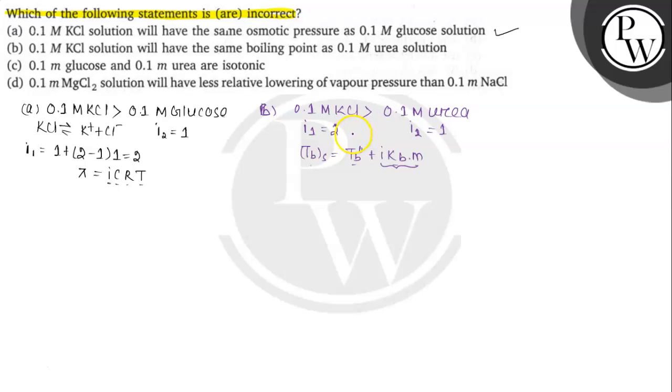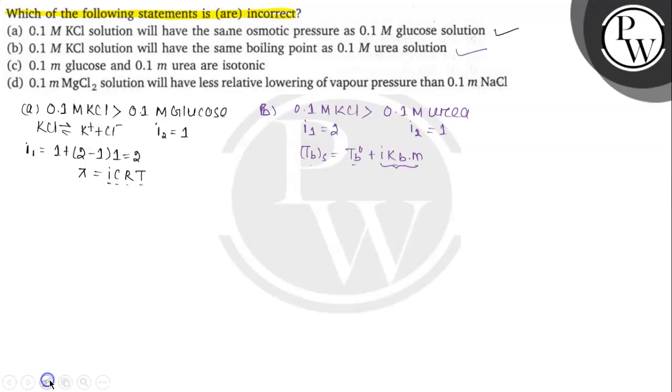So the boiling point of KCl will be more than the boiling point of the urea solution. But according to the statement, 0.1 molarity KCl solution will have the same boiling point. So it does not have the same boiling point, as the i value varies here. So 0.1 molarity KCl has a higher boiling point in comparison to 0.1 molarity urea solution. So option B is also incorrect.